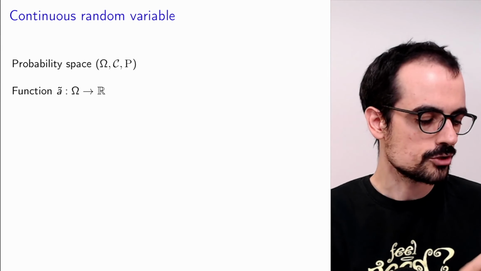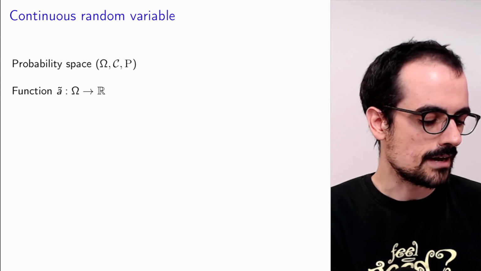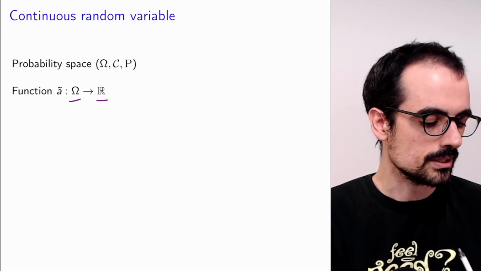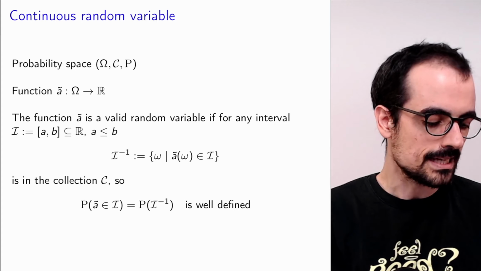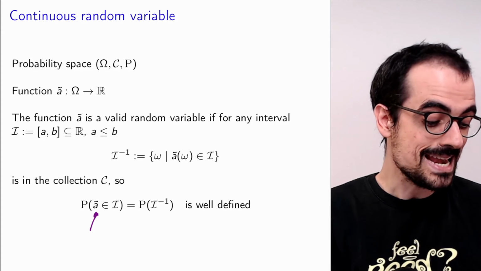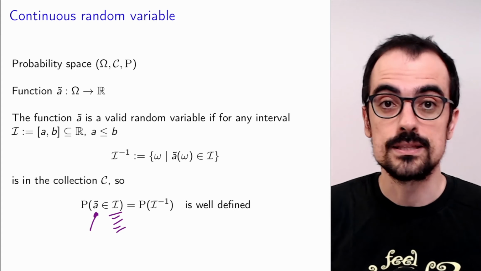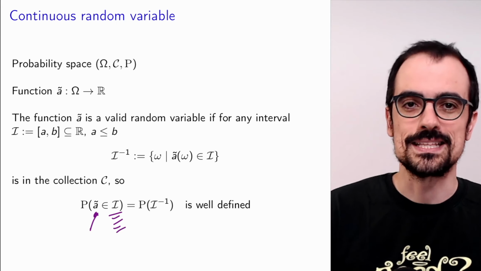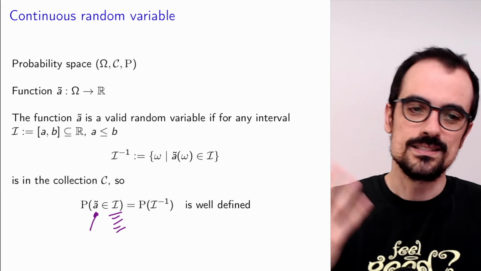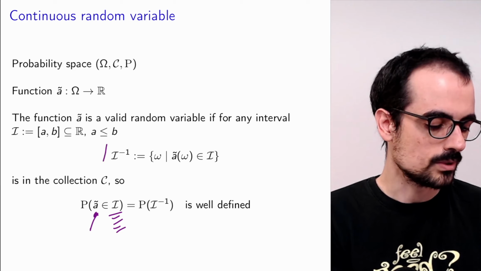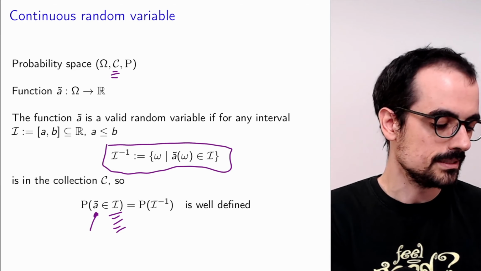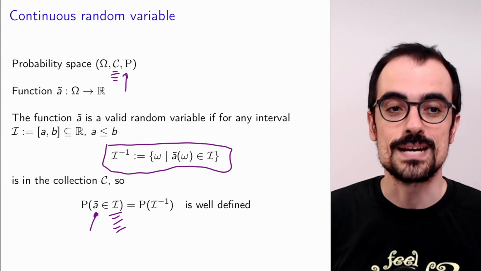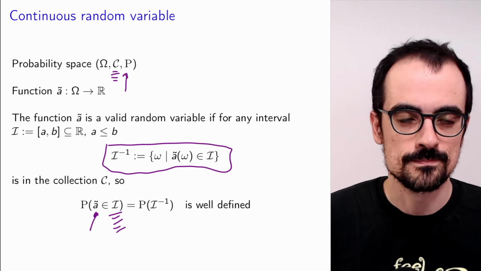So again, a continuous random variable is a function from the sample space to the real line. And what we impose is that the probability that the random variable belongs to any interval is well defined. This is a mathematical condition which implies that the event of all outcomes mapping to that interval is inside the collection of the probability space, which means that the probability measure assigns it a probability.